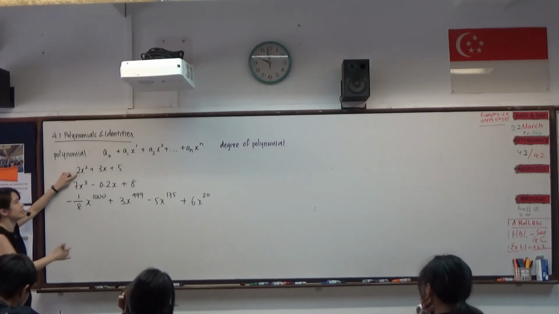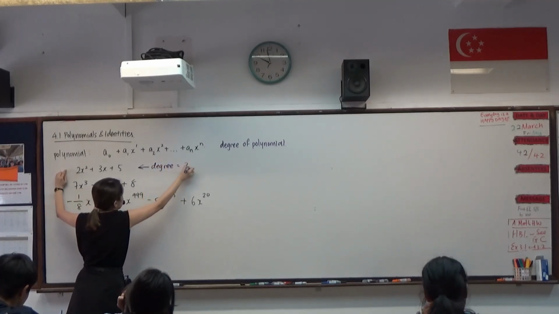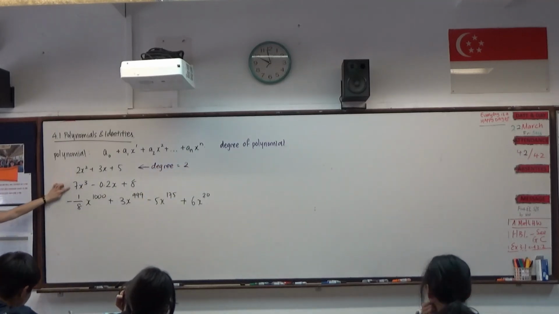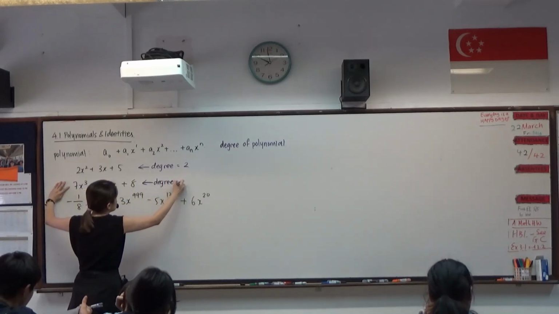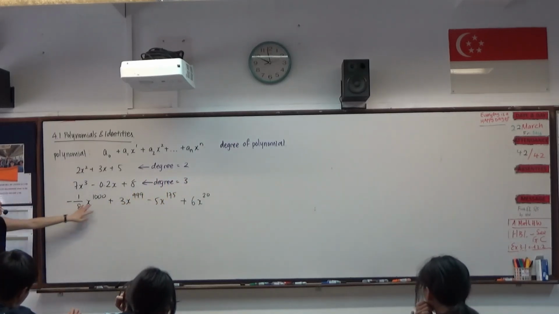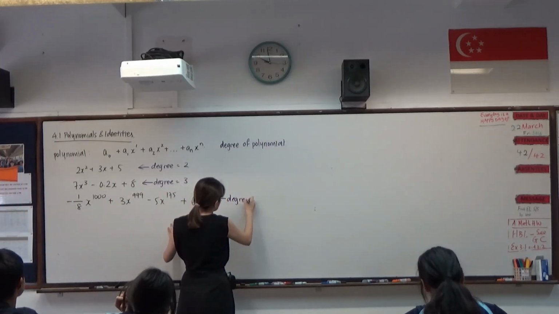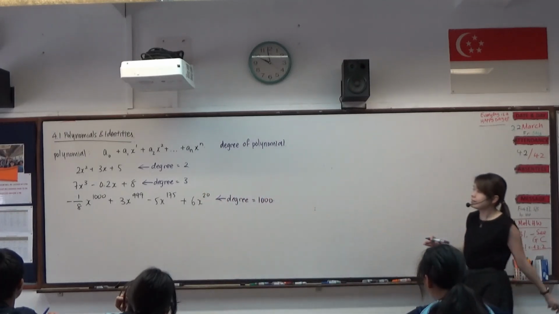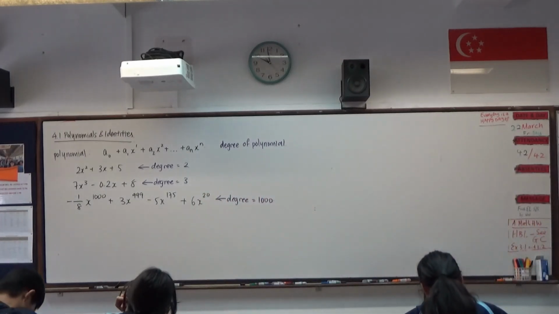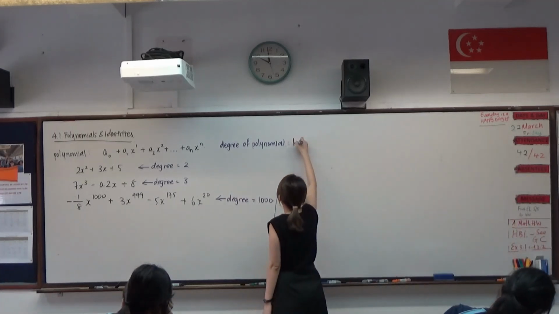So in this case, the degree is 2. Then in this case, we have degree 3. And then over here we have degree 1000. So that is how we identify the degrees of polynomials. Definition, highest power.